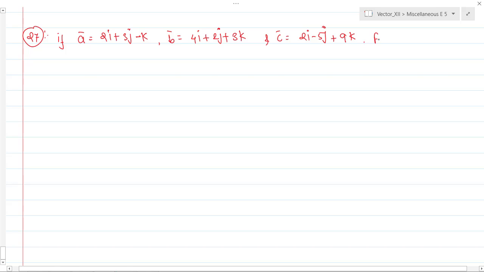Find a bar dot b bar cross c bar. Interpret the result. So whatever result you get, we have to interpret that.